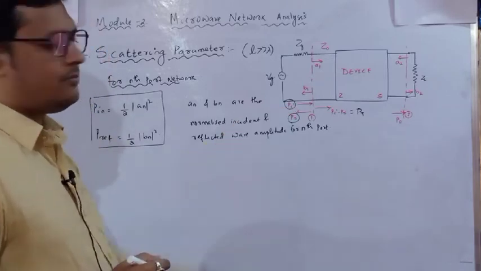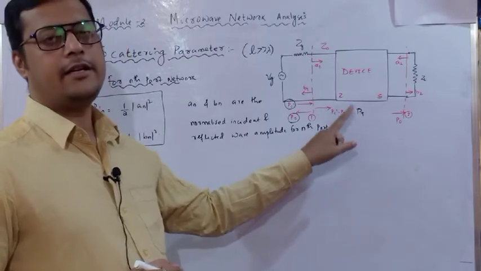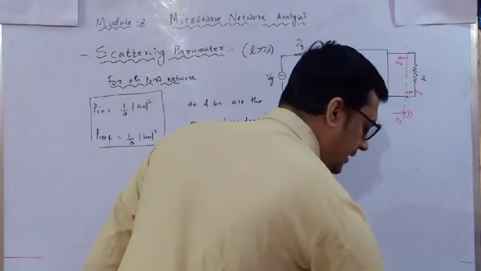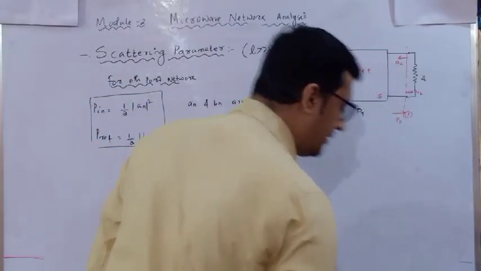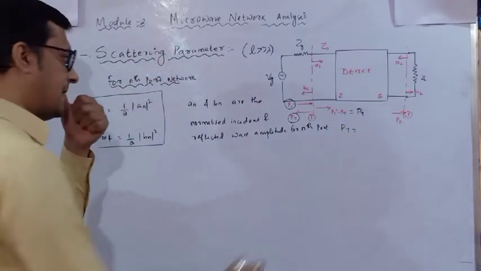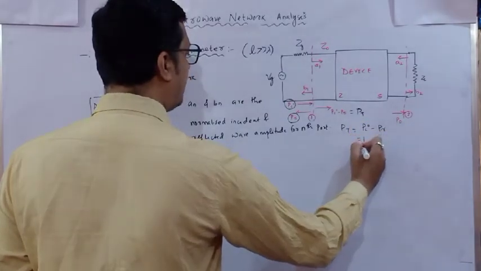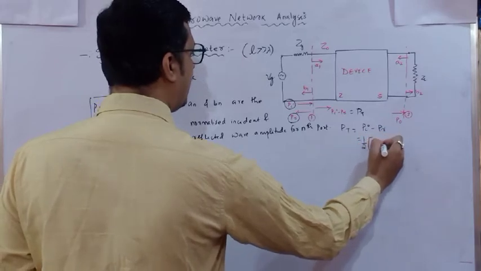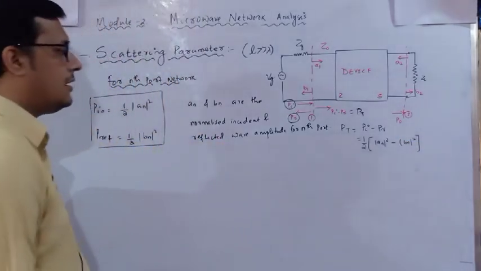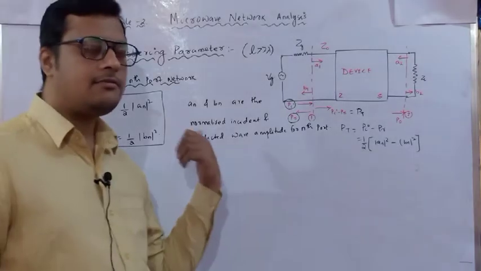Now what will be my output power if there is no source available here? The output power is nothing but the input power minus the reflected power. So if I write the power transmitted for the nth port, it is the incident power minus the reflected power, that is half of mod an square minus mod bn square. So this is the transmitted power we are going to identify, but this is for the nth port.